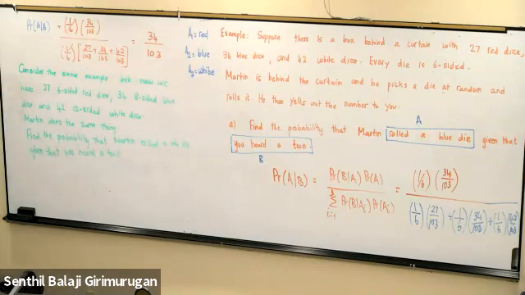So we are going to consider the same example, but now you have 27 six-sided dice, 34 six-sided red dice, 34 eight-sided blue dice, and 42 12-sided white dice. Martin does what he did in the previous example, and we want to find the probability that Martin rolled a blue die, given that you heard a 2.